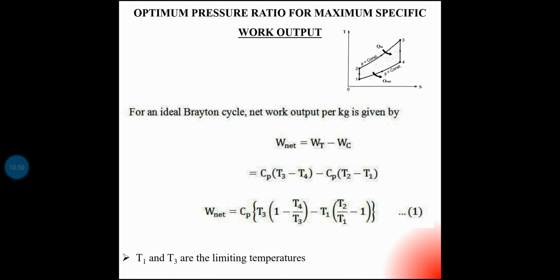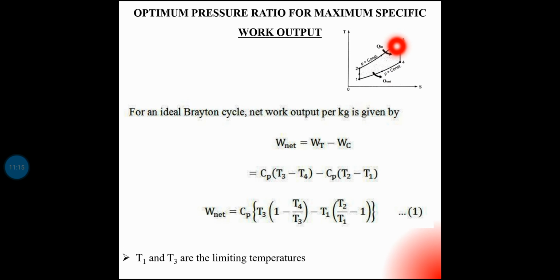Now we can see the expression for optimum pressure ratio for maximum specific work output. That is the pressure ratio which gives the maximum work output. For an ideal Brayton cycle, the net work output per kilogram of air is given by W net is equal to W turbine minus W compressor.